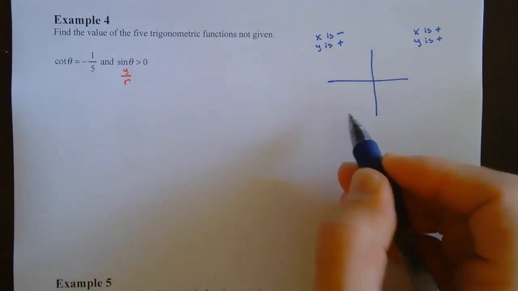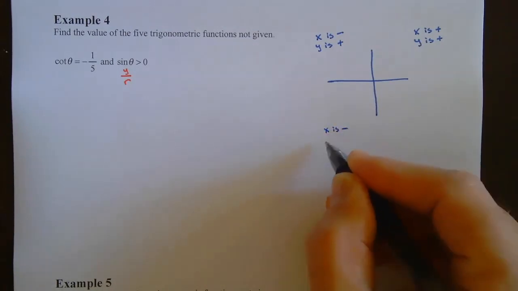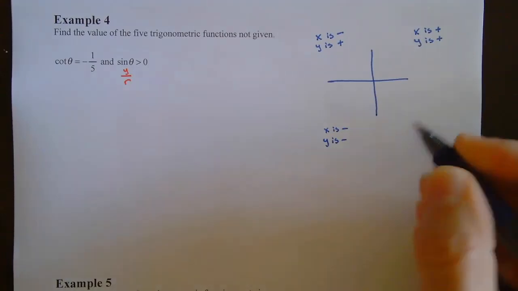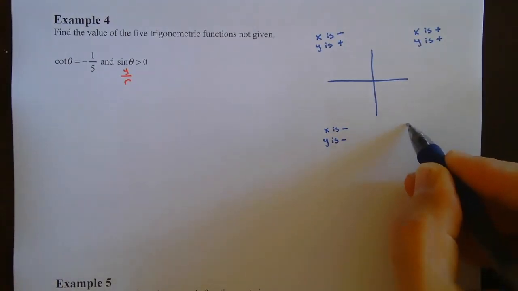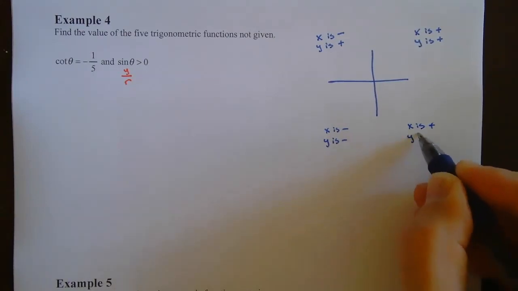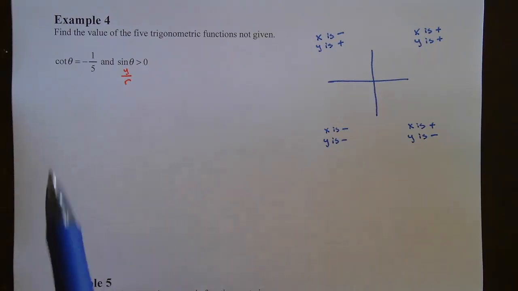In the third quadrant, x is negative and y is negative. In this fourth quadrant, x is positive and y is negative. All right.